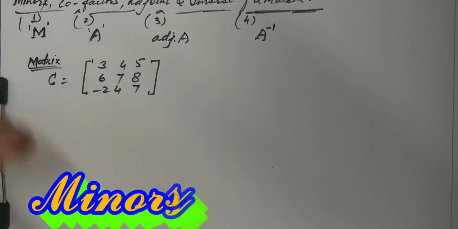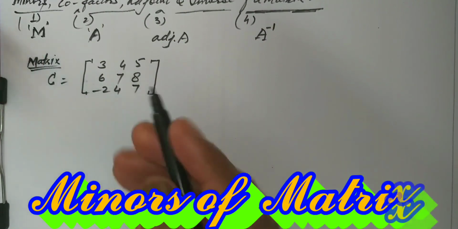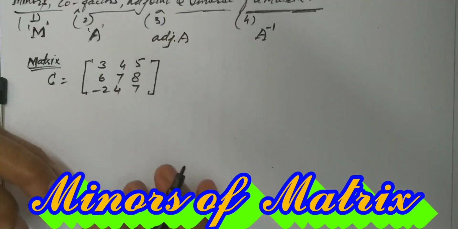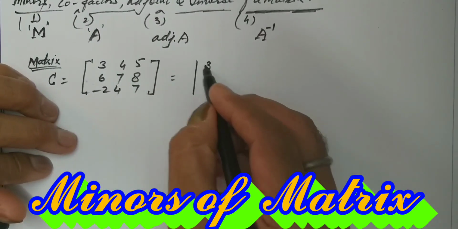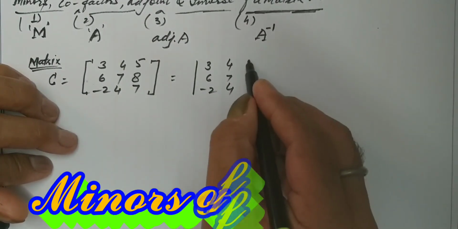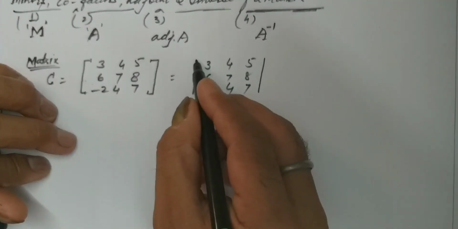Minors means subdeterminants of this particular matrix when it is converted into a determinant. That means we'll write this matrix as the determinant 3, 6, minus 2, 4, 7, 4, 5, 8, 7. Now both are coming simultaneously.